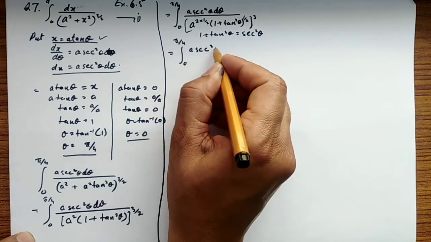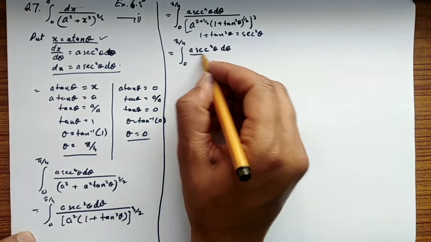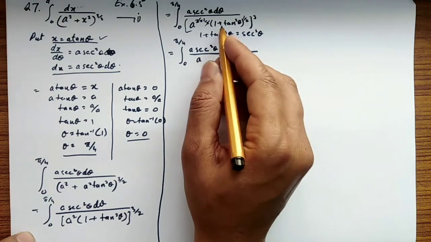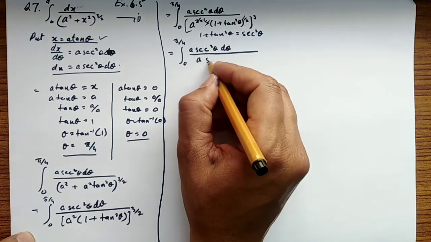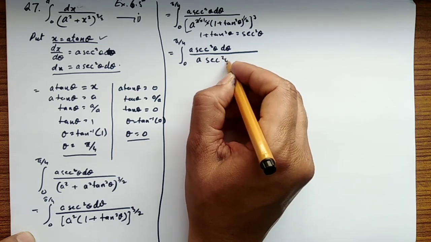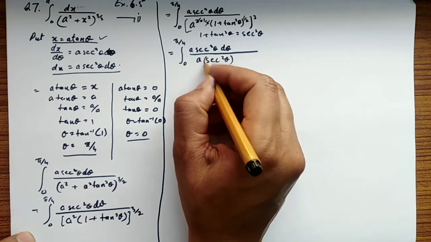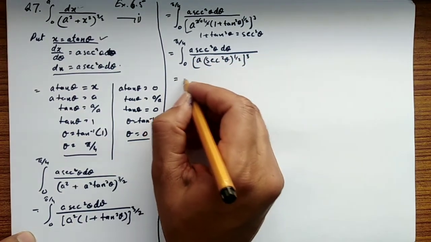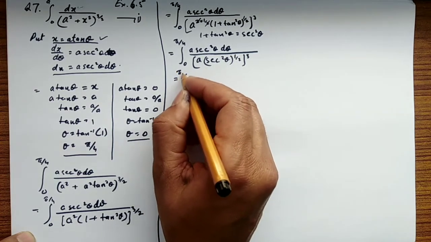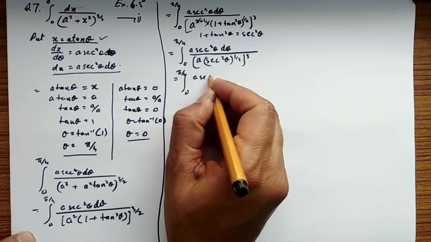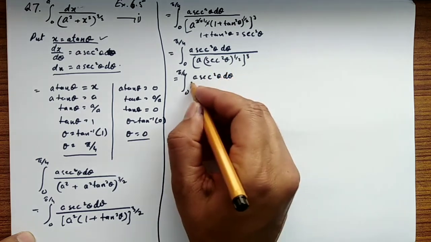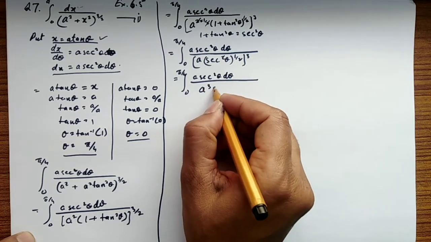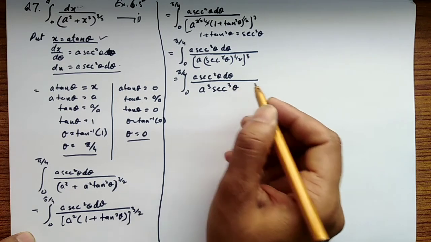A sec square theta d theta whole divided by, here 2 and 2 cancels out, we are left with a, and in place of 1 plus tan square theta I can write sec square theta, to the power 1 upon 2, and that whole multiplied by 3. So we can further simplify it as a sec square theta d theta whole divided by, 2 and 2 cancels out, and we are left with a cube sec cube theta, right?